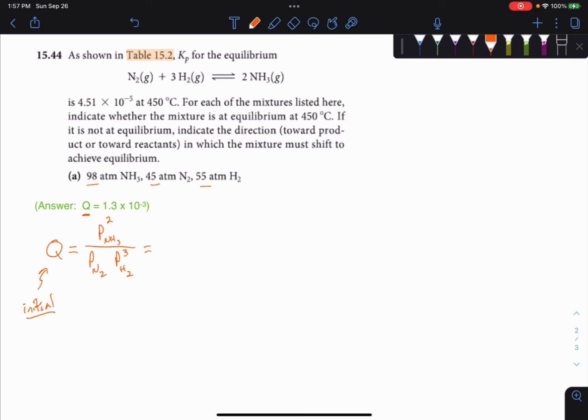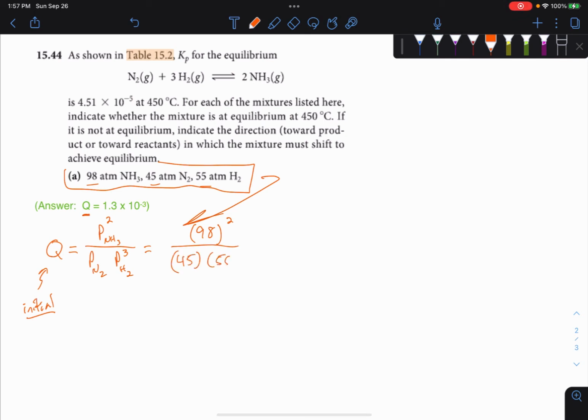And now you're just going to plug these values into that expression and make sure you get everything lined up properly. I'm going to drop the units just for convenience because they're going to be dropped anyway in a minute. And hydrogen is going to be cubed. If I evaluate that expression, I get 1.3 times 10 to the minus 3.